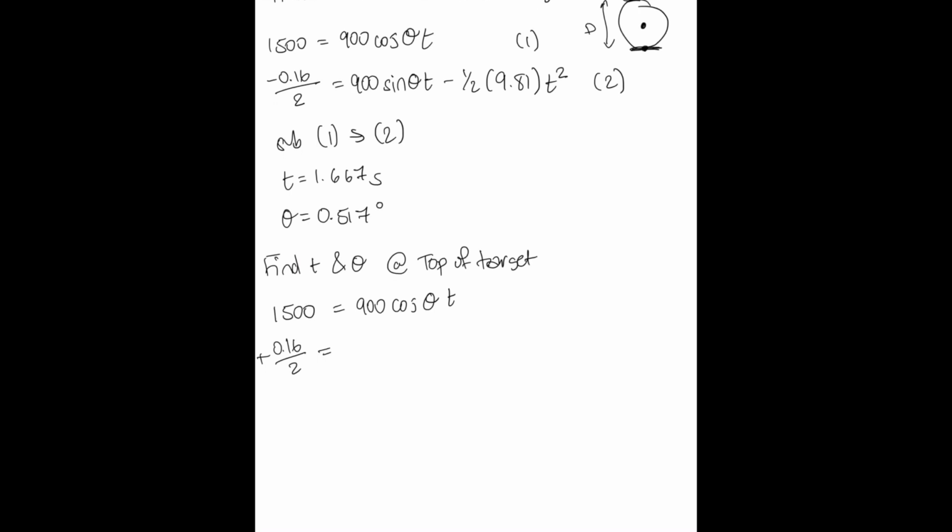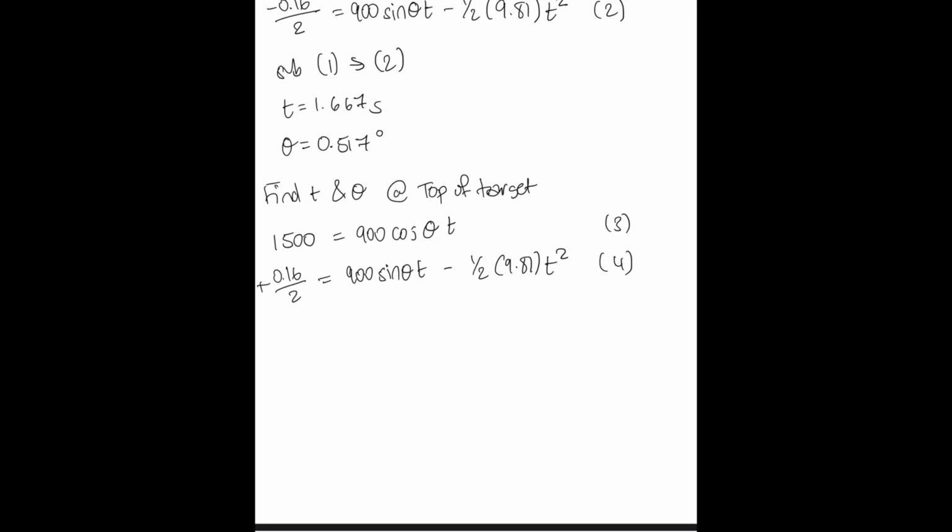And this time, our y is going to be 0.16 over 2, positive, not negative, because we want the top, not the bottom, is equal to 900 sine theta multiplied by t minus half 9.81 t squared. That's our third and our fourth equation.